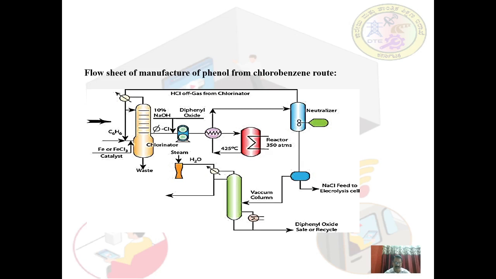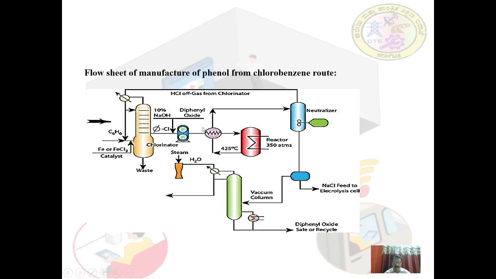Chlorobenzene and dilute caustic soda, about 10%, are mixed in a pump in a mole ratio of 1 to 1.25. Diphenyl oxide, about 10% by weight, is added to repress the formation of more diphenyl oxide, and the mixture is pumped through a preheater.